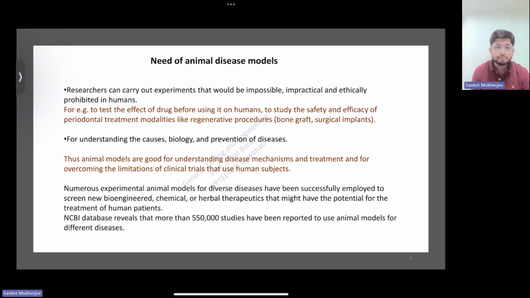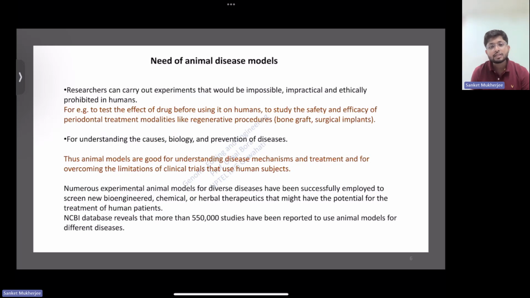Now, the need for an animal disease model is so that researchers can carry out experiments that would be impossible, impractical, or ethically prohibited in humans. For example, to test the effect of a drug before using it on humans, to study the safety and efficacy of periodontal treatment modalities like regenerative procedures such as bone graft or surgical implants, and for understanding the causes, biology, and prevention of disease.